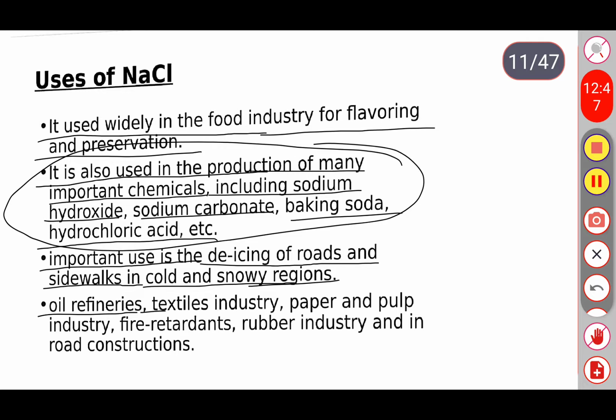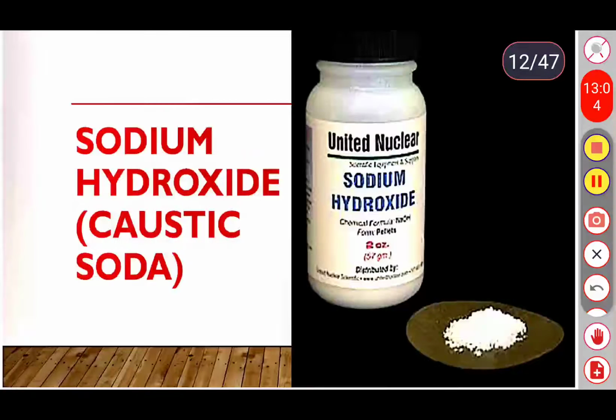Textile industries, paper and pulp industry, fire retardants, rubber industries, and in road construction also we are using NaCl. So these are some of the uses of sodium chloride. Let's see the next one.